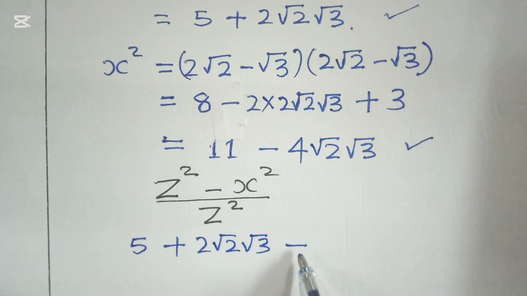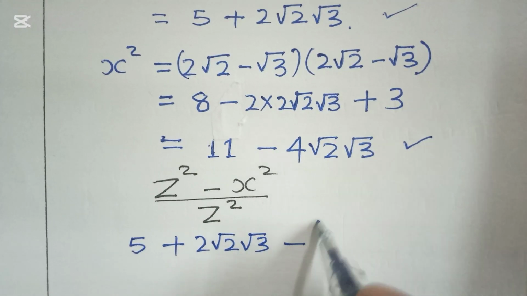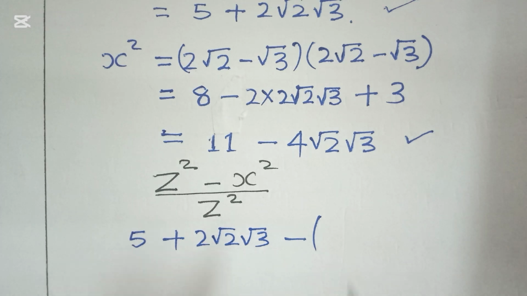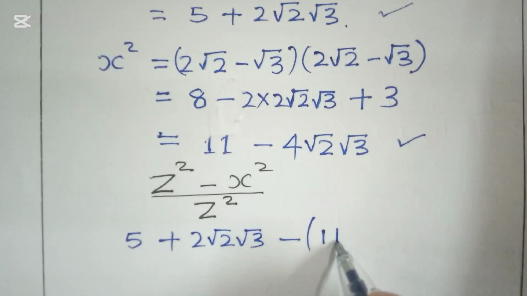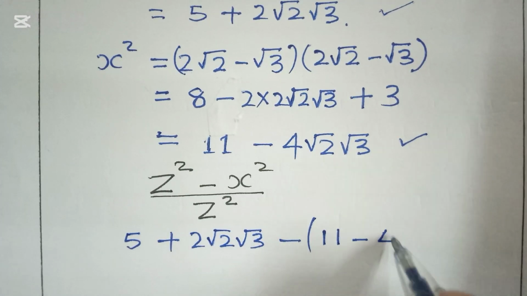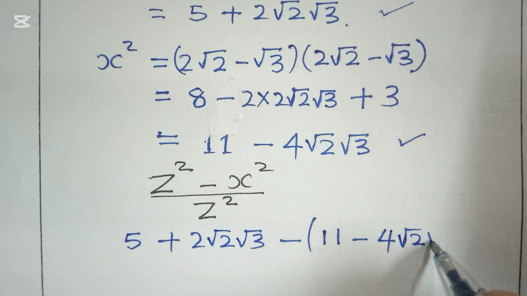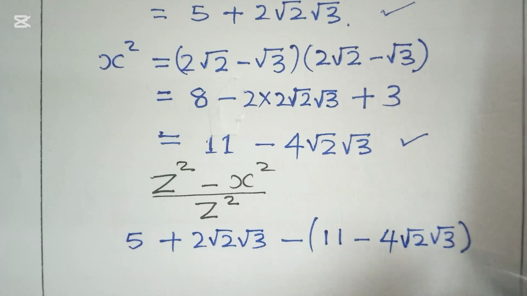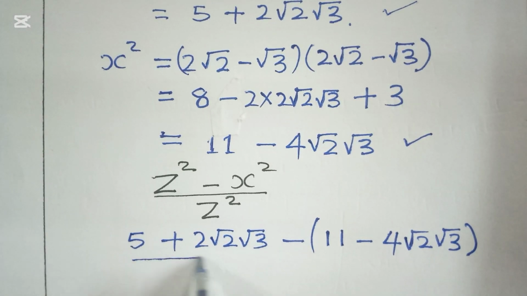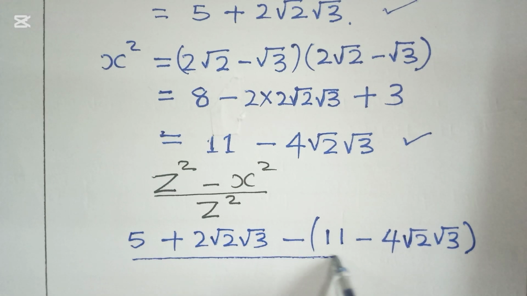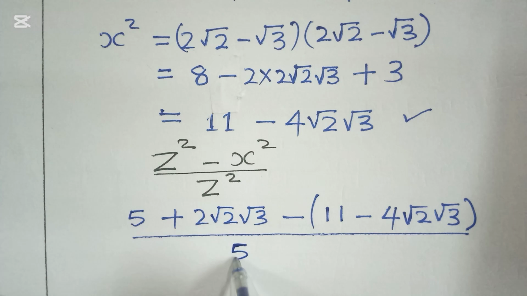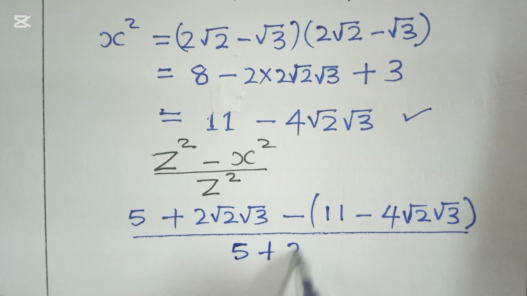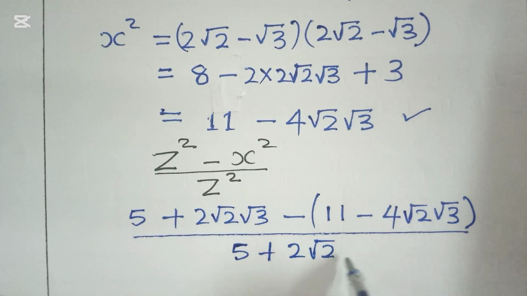Guys, every time we find a minus, it is always important to put a negative, because remember, a negative causes other signs to change. And so therefore, our x squared is 11 minus 4 square root of 2 square root of 3. That one all over z squared, which is right here, 5 plus 2 square root of 2 square root of 3.